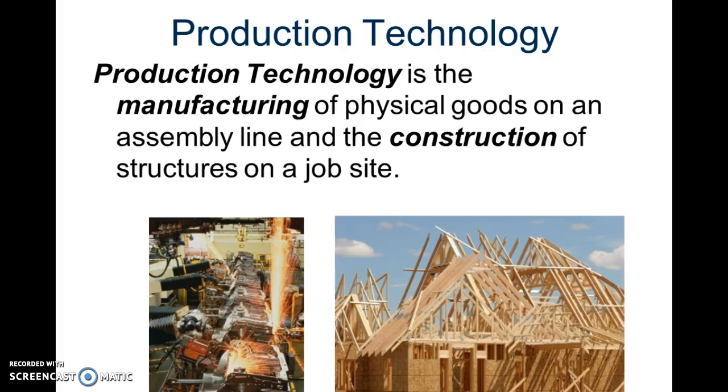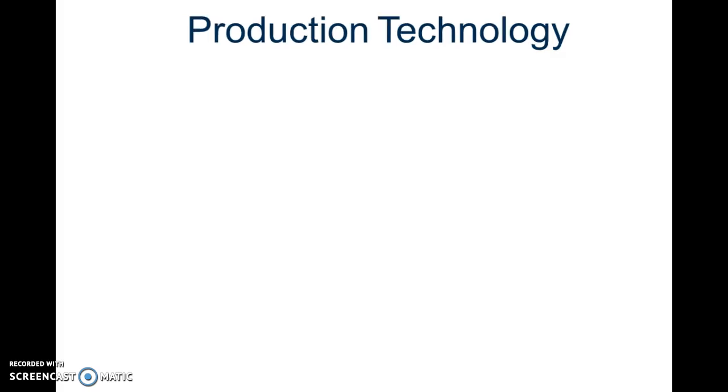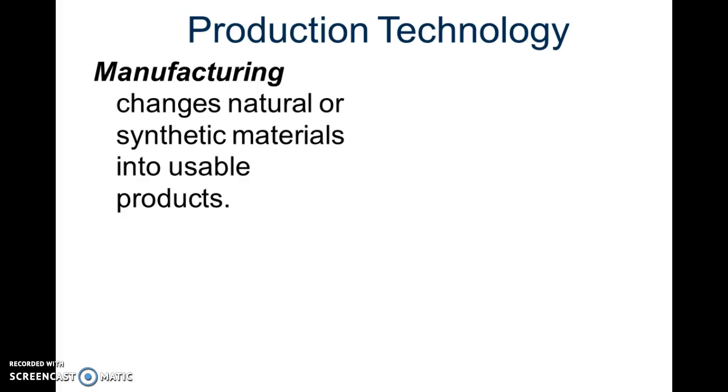Production technology is the manufacturing of physical goods on an assembly line and the construction of structures on a job site. This is popular in our community here in southeast Iowa. We have a lot of factories and there's a lot of construction going on because the economy is good. With manufacturing technology, raw materials are turned into usable products.